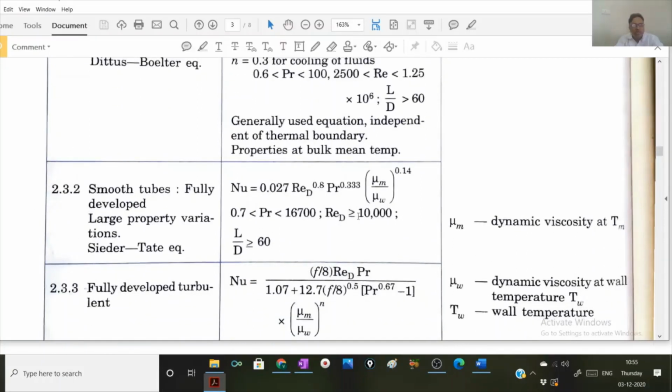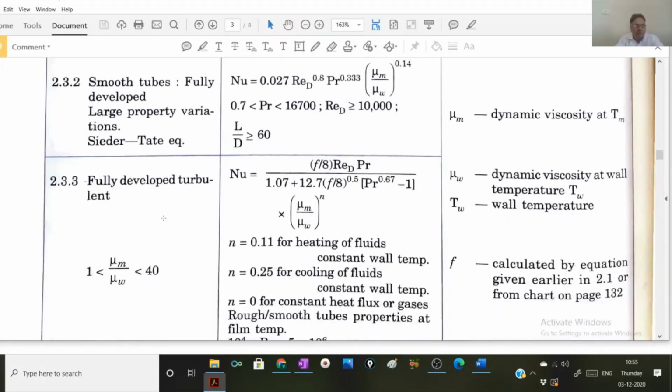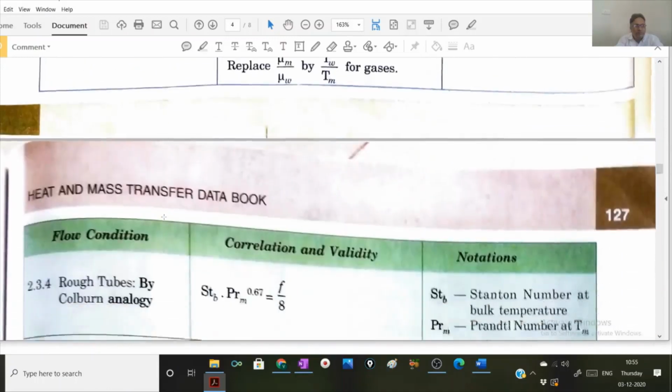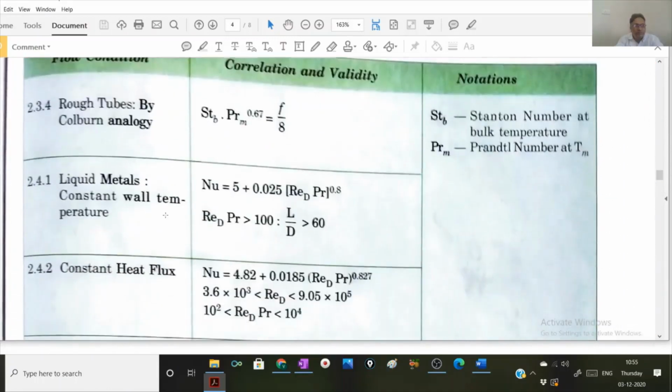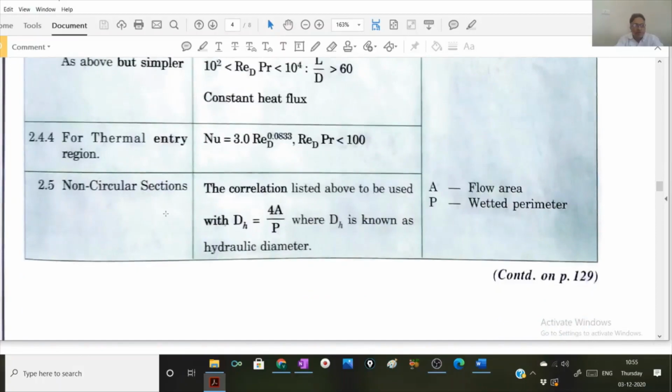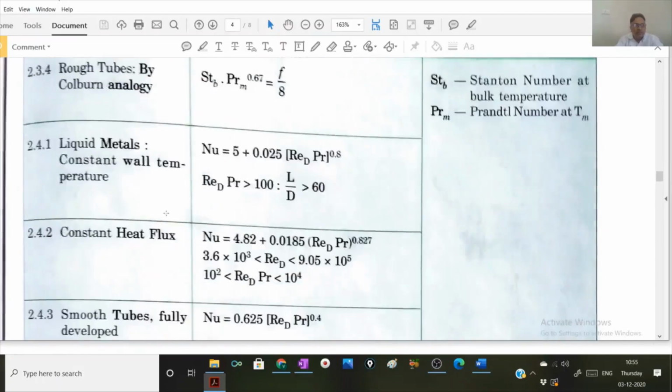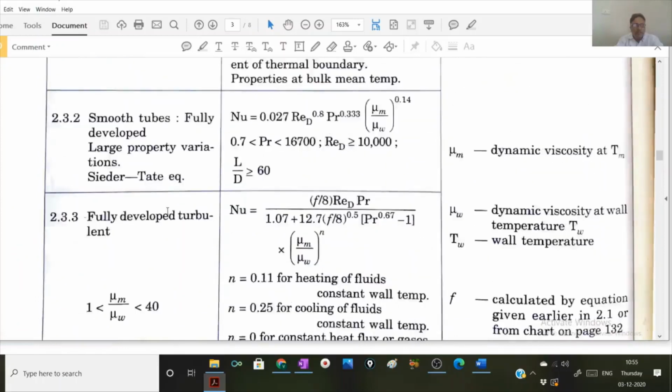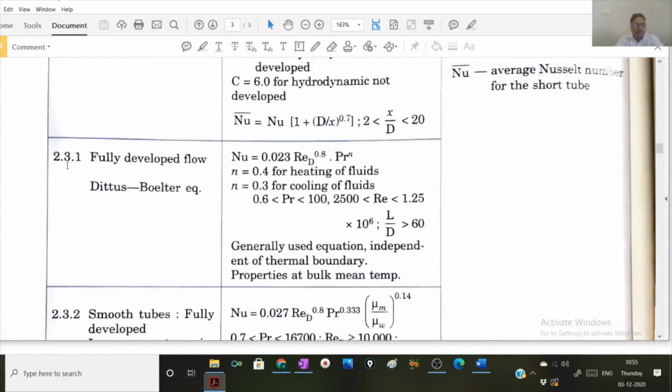2.3.2. Again here UM and mu values are appearing, and in our case we have no idea about all these values. So after checking probabilities of all the Nusselt number expressions, expression 2.3.1 fully developed flow appears to be the appropriate correlation.